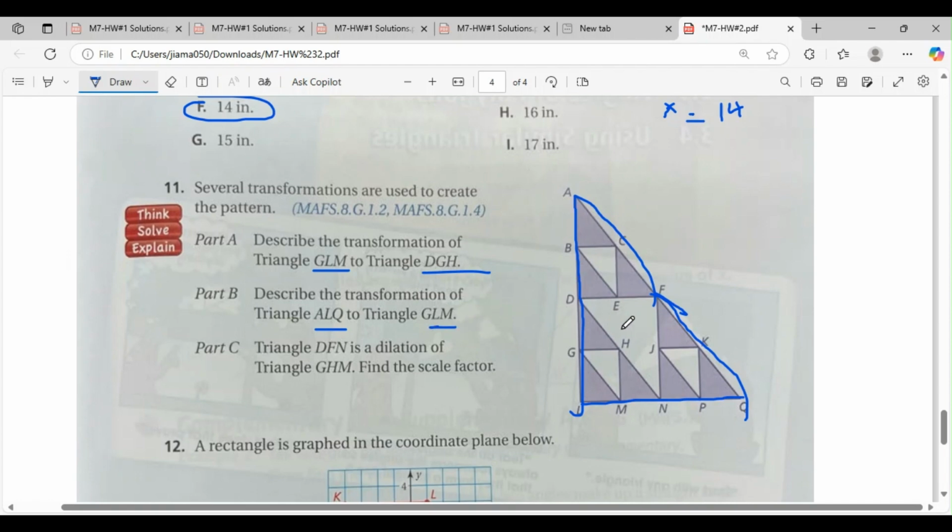So GLM. GLM is, yes, it's right here. Okay, this is GLM. Okay, we should find out the process or the transformation of ALQ to GLM, which is the biggest triangle to the smallest triangle.